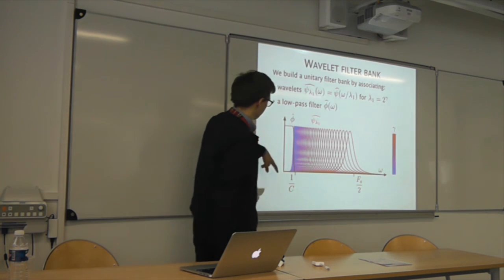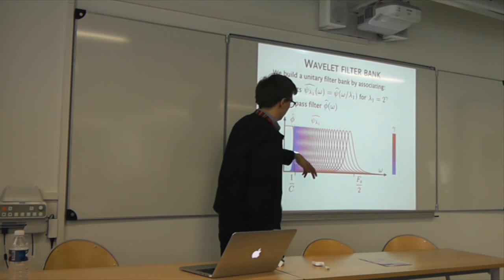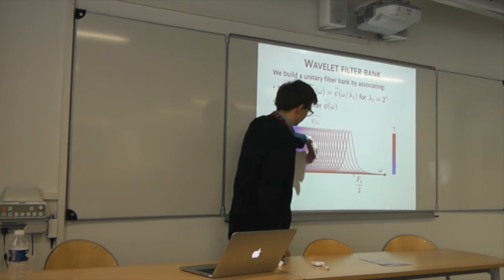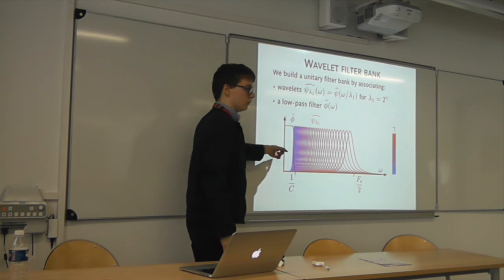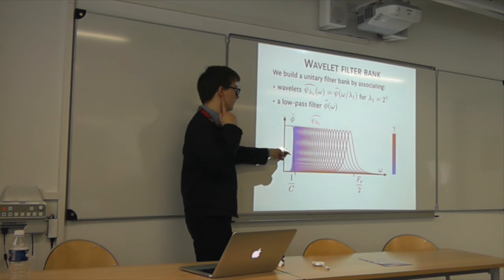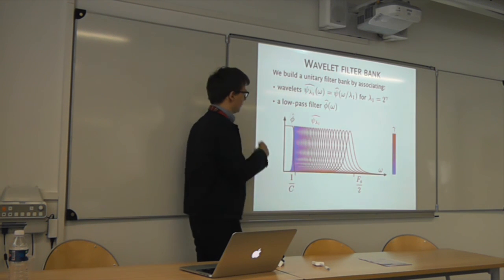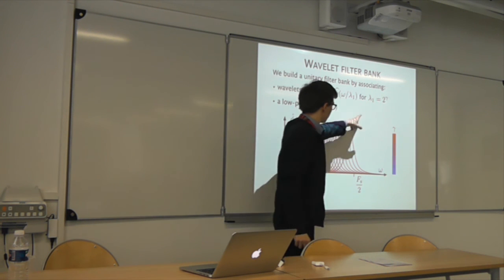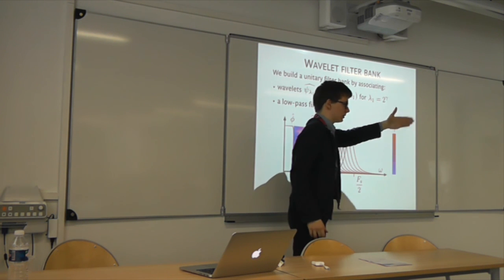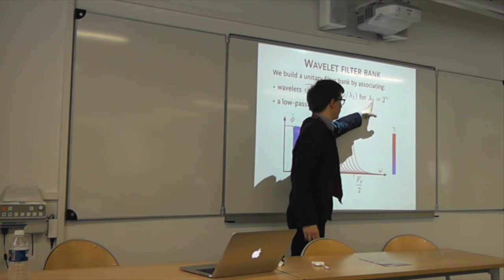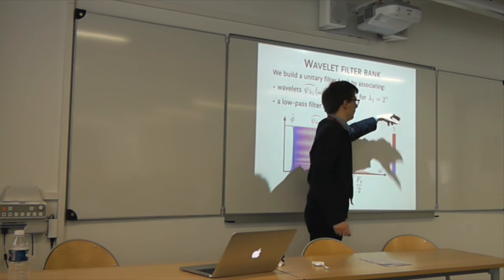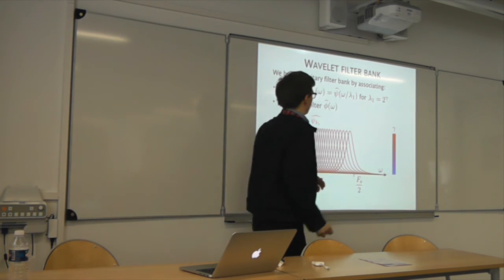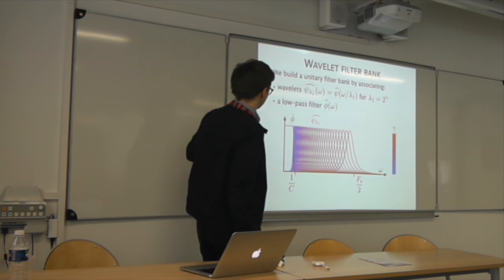So in the Fourier domain, the dilated wavelets yield a nice filter bank that resembles much what we have in our cochlea. And we do so for exponential values of the center frequency. This is the center frequency, so that would somehow be the resolution of the log frequency.